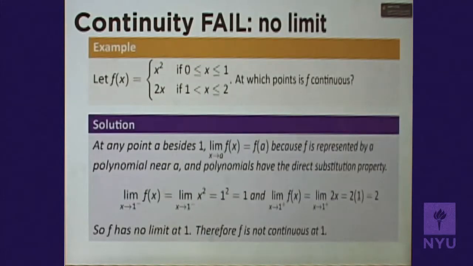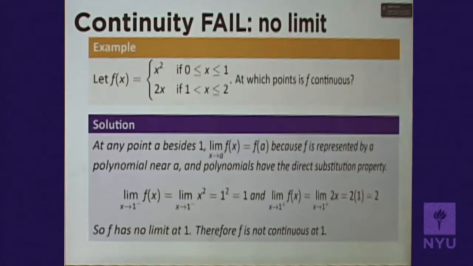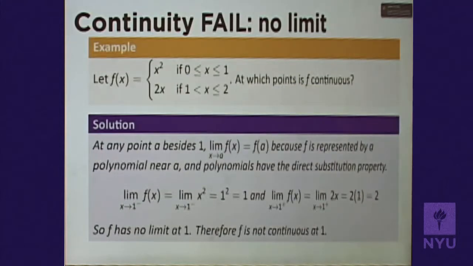And for that point, we have to look at the limits from either side. Now from the left, as x is approaching 1 from the left-hand side, the limit is computed by the first rule there, by x squared. The limit as x goes to 1 from the left-hand side will be the limit as x goes to 1 of x squared. x squared is a nice polynomial, so we can use direct substitution, and the limit is going to be 1 squared, which is 1.